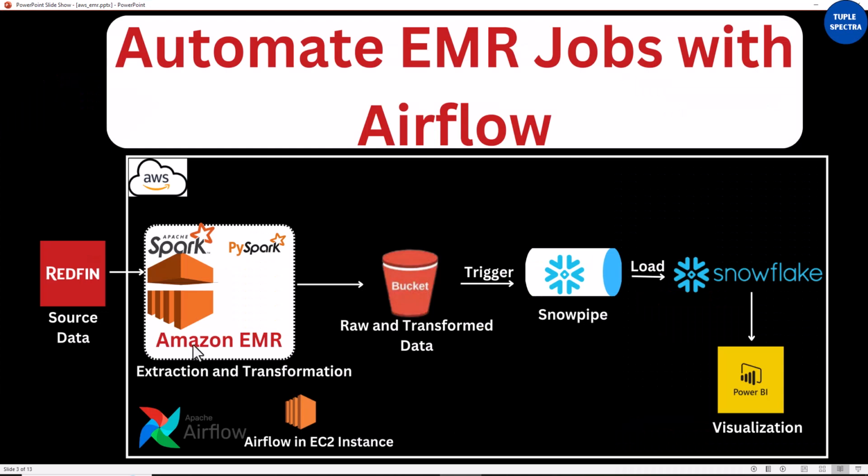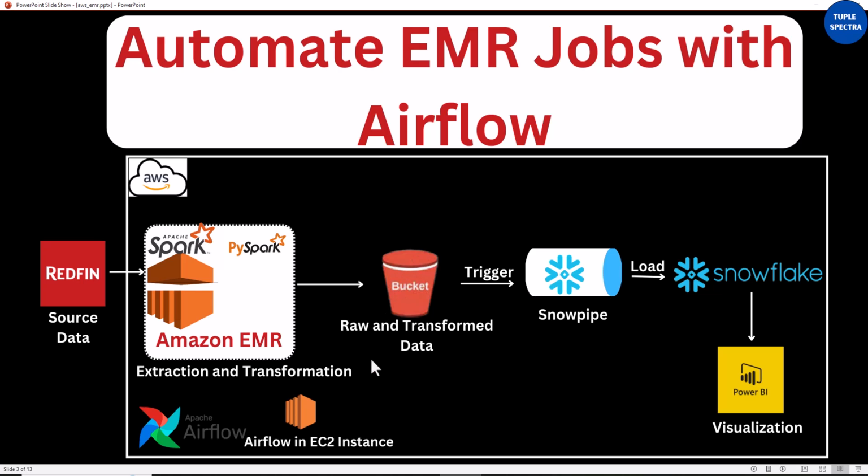How can we automate provisioning Amazon EMR? How can we automate using the wget command to extract data from the Redfin data source? How do we also automate the transformation of the data and then loading the data inside the S3 bucket?